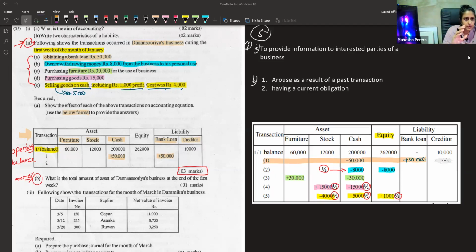Now see how we obtain the answer. As I told you, you have to consider the closing balances of each asset column. If you consider the furniture, we have 60,000 opening balance and plus 30,000 below. So you have to add 30,000 to 60,000 and it is 90,000.